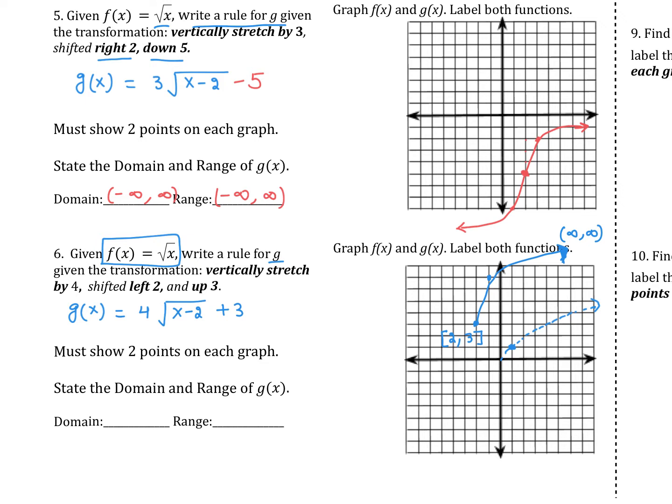Domain is the x value from -2 to infinity, so domain is -2, comma, infinity. Range is +3, comma, infinity. So on your worksheet for number 6, you have a reflection as well.